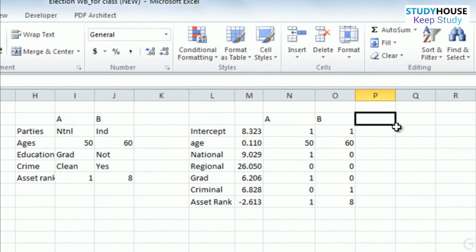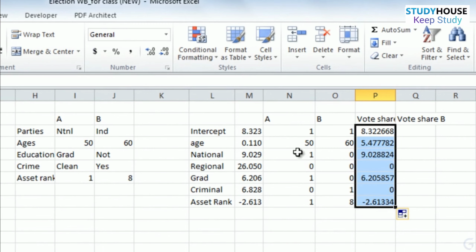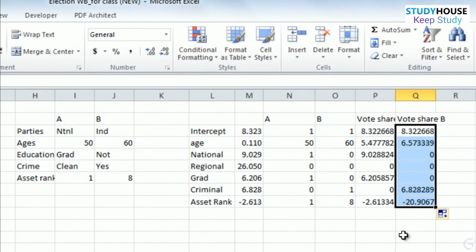So I am doing the vote share for A, and similarly I am doing the vote share for B. All I need to do now is replicate this formula, which is this times this, and I drag it, because each of the terms is nothing but beta 1 x1, beta 2 x2 for A, and similarly for candidate B, I do this.